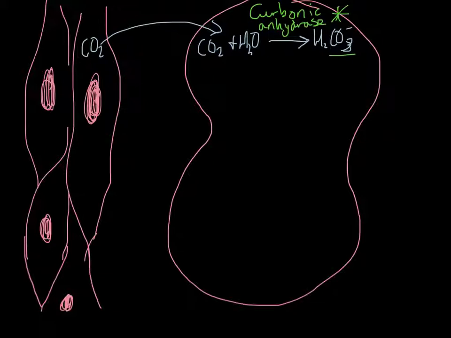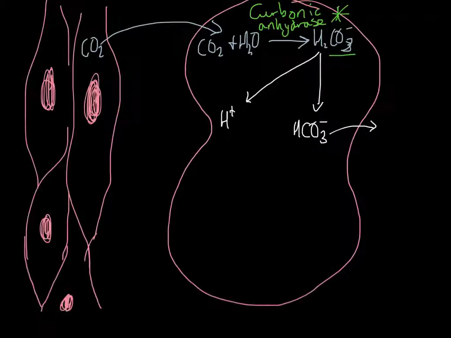And so this carbonic acid dissociates into hydrogen ions and hydrogen carbonate ions. These hydrogen carbonate ions diffuse out of the red blood cell and into the plasma.